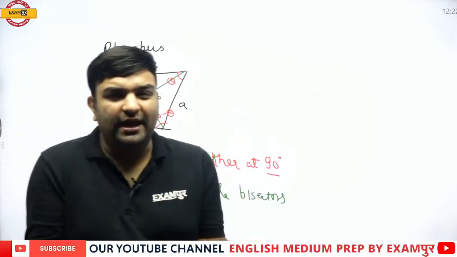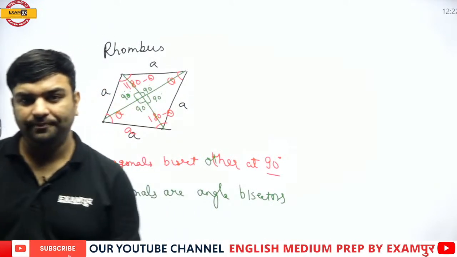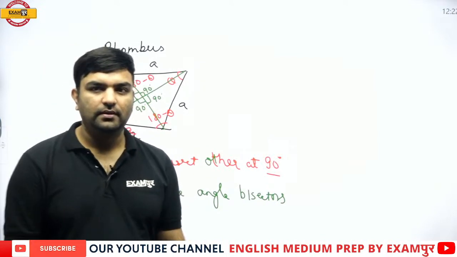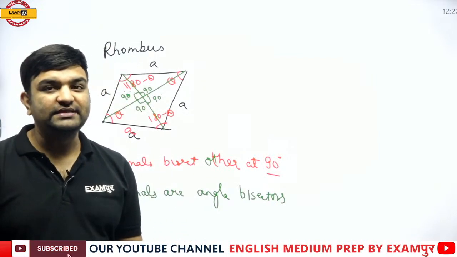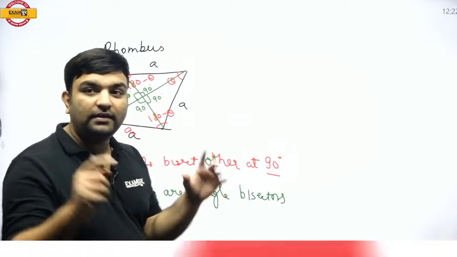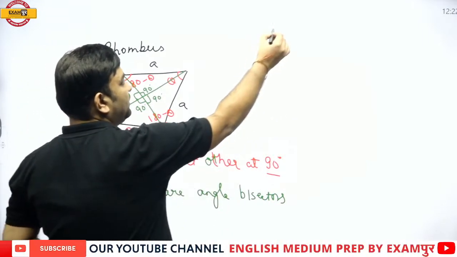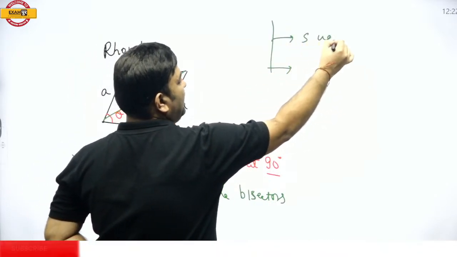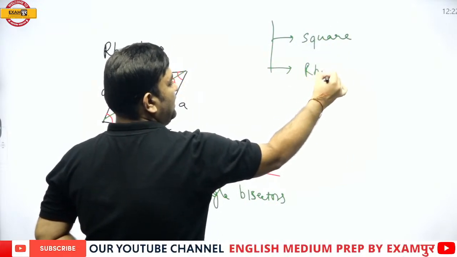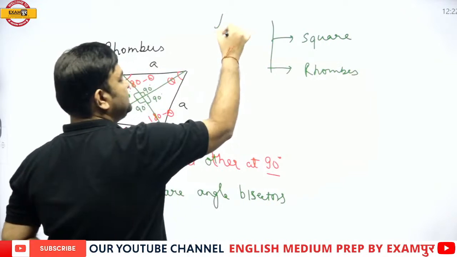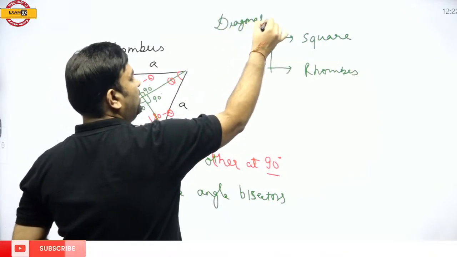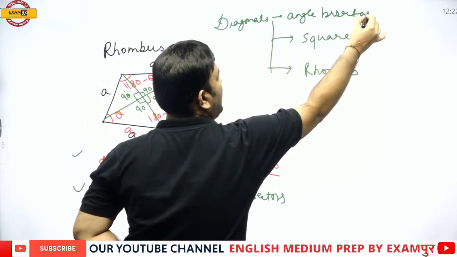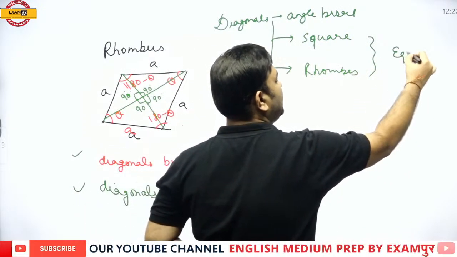Guys, what is the deciding factor whether it is going to be an angle bisector or not? The deciding factor is the sides. You observed that diagonals were angle bisectors only in the case of square and rhombus, because they have equal sides.